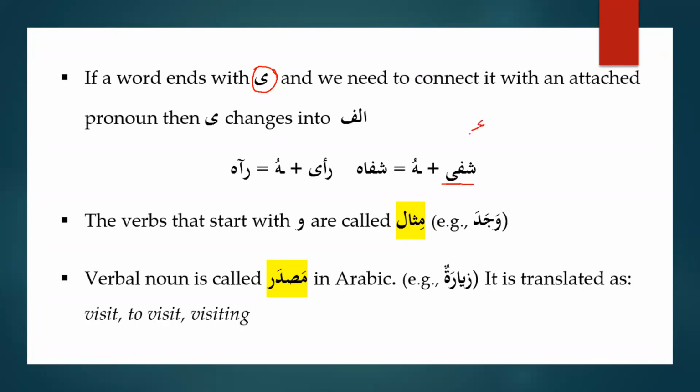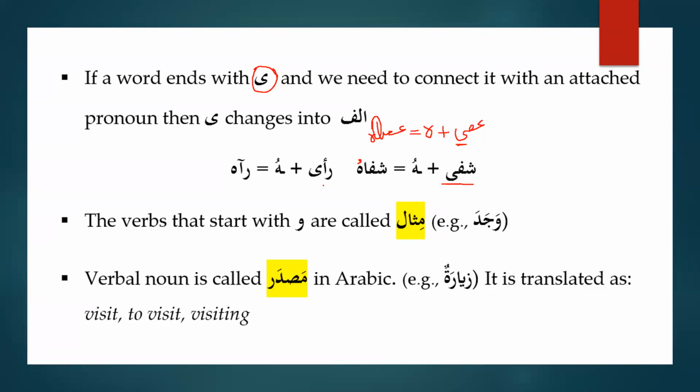Similarly, in the Quran, we have asa, that means stick. After that, we have the attached pronoun hu. So it will be written like asahu, his stick. The alif maqsura will change into alif layyina, or the regular alif. So shafa plus hu, shafahu, and we say shafahullahu, may Allah cure him.